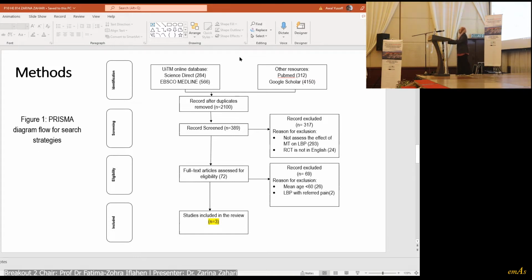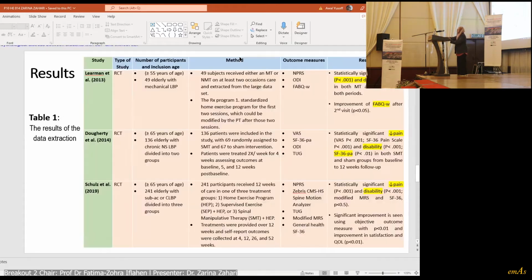From this search, we removed the duplicate studies, about 2,100, and then finally we included 3 reviews which follow the PICO criteria.